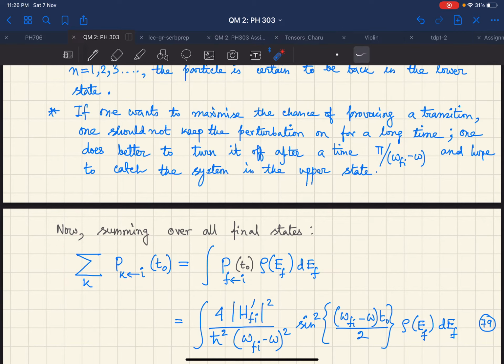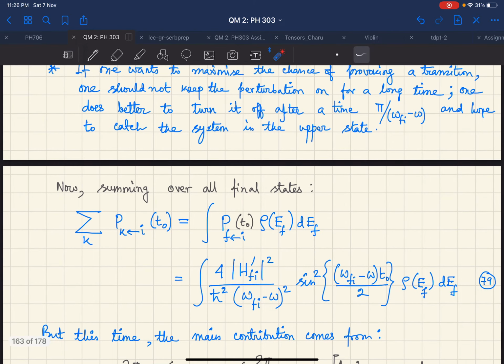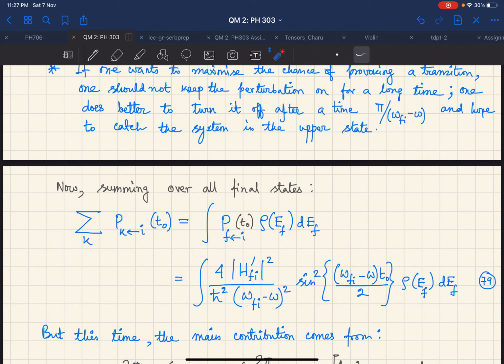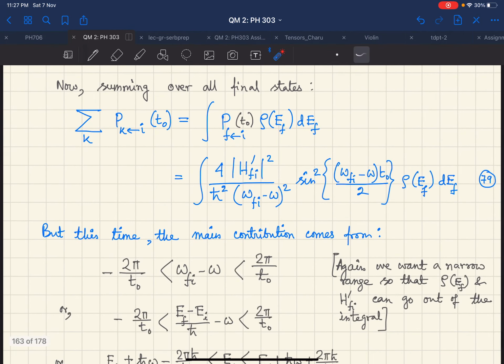Now you know everything in this expression. You have this result of P i to f at T naught, which is nothing but this expression, and then you have rho EF times dEF. But this time you also know that the main contribution, unlike the previous case where you just had omega Fi, there was no omega in the constant perturbation case, should come from this interval, omega Fi minus omega lying between 2 pi by T0 and minus 2 pi by T0.